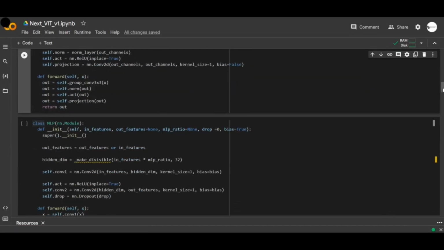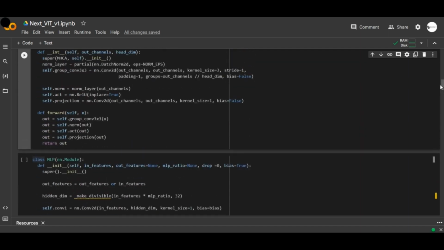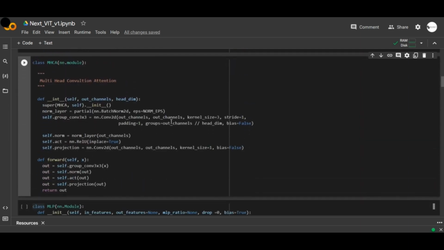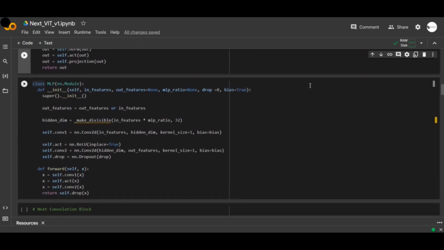The next component is going to be the multi-layer perceptron. So we can clearly see that this follows the, what's it called again, the MetaFormer architecture, whereby we treat this multi-head convolution attention as our token mixer. Then we have this multi-layer perceptron.